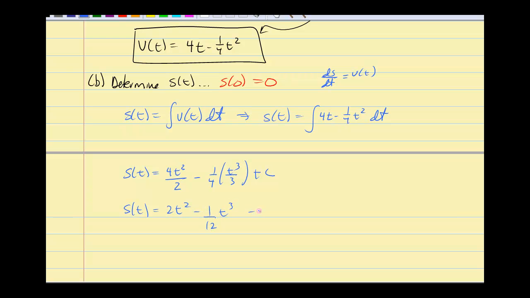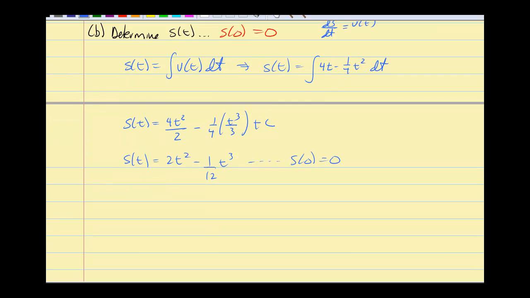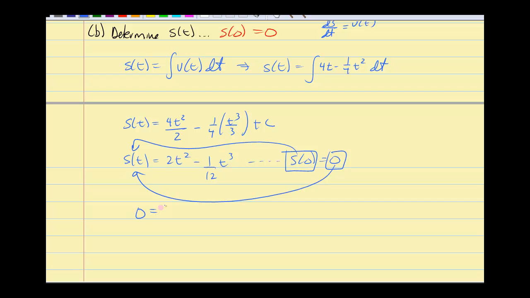Now the initial condition we need to be concerned about here is s of 0 equals 0. So I have 0 equals, and everywhere I see a t, I plug in a 0: 2 times 0 squared minus 1/12 times 0 cubed, plus c, forgot my plus c up here, which implies that c equals 0.